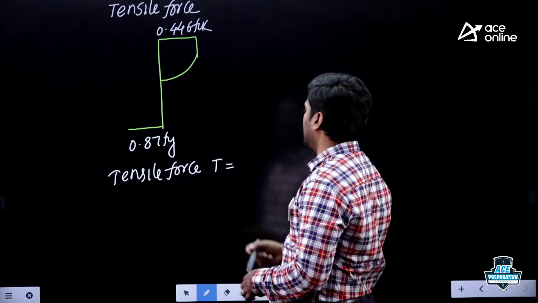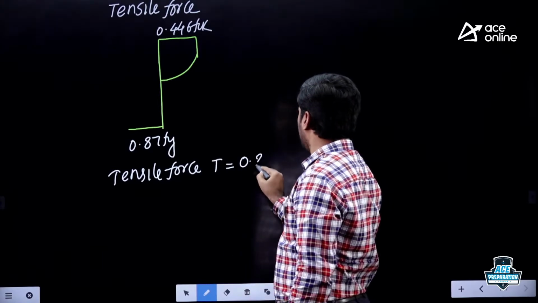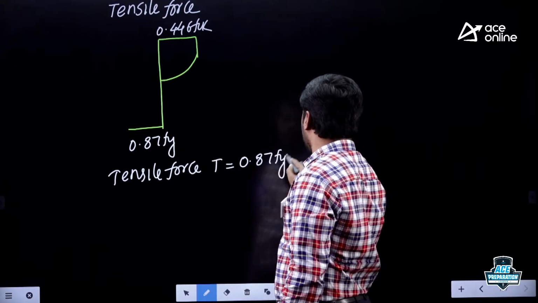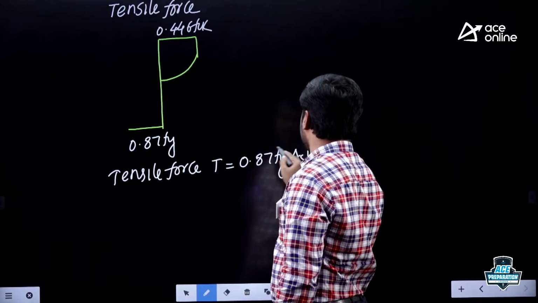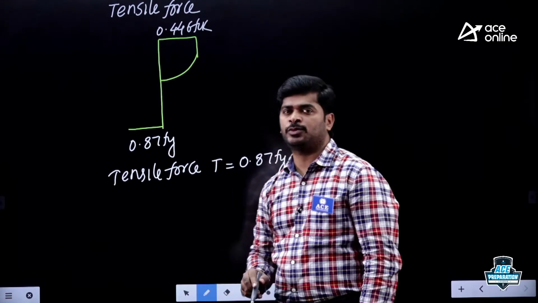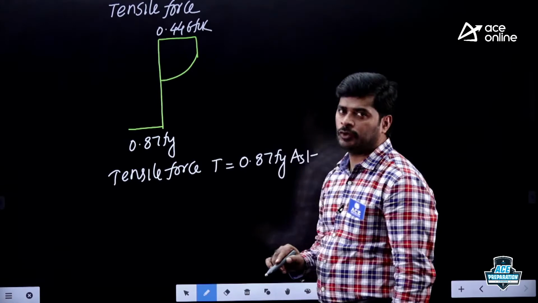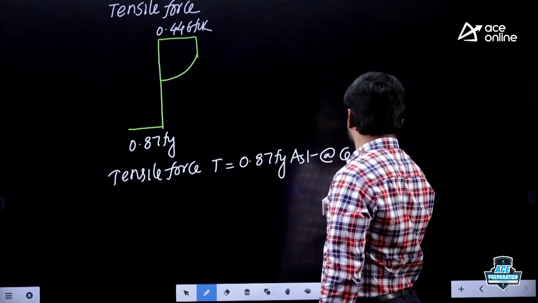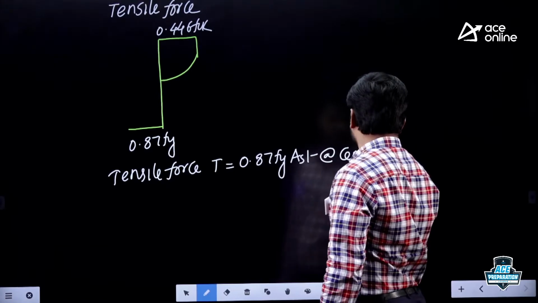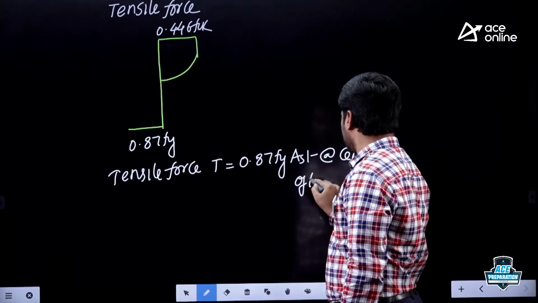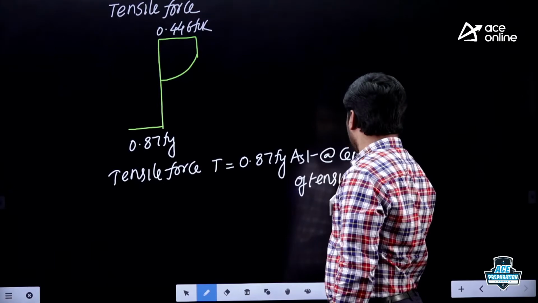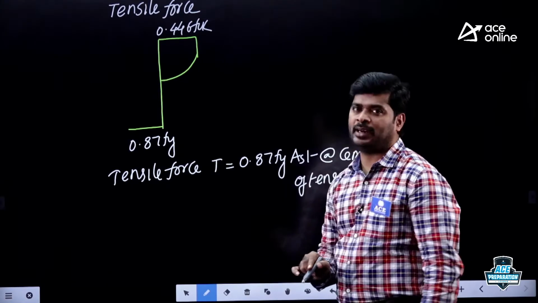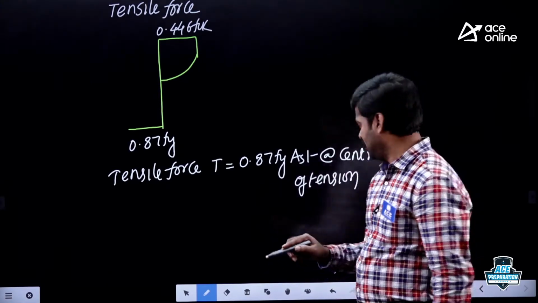So you take directly the design strength of steel into the corresponding area. This is the tensile force. It is acting at the centroid of tension steel. Like this you can get the compressive force and tensile force.